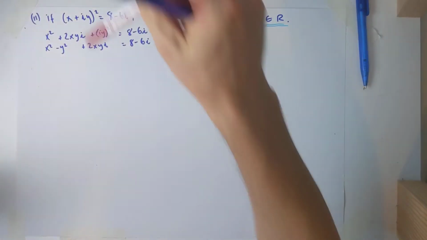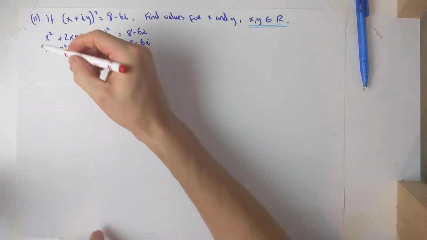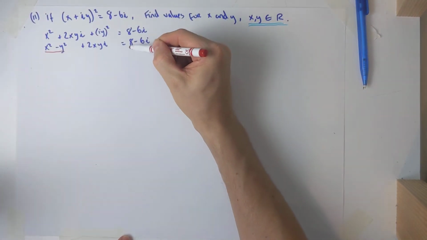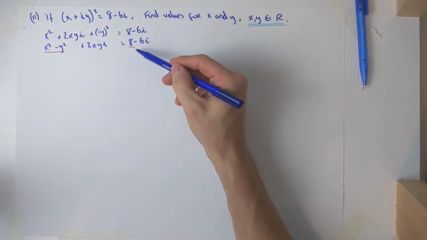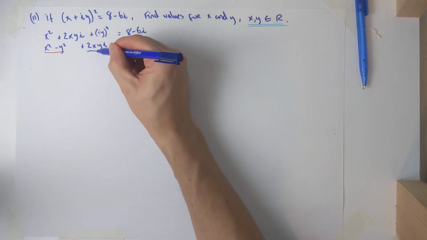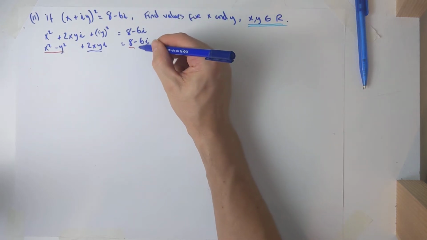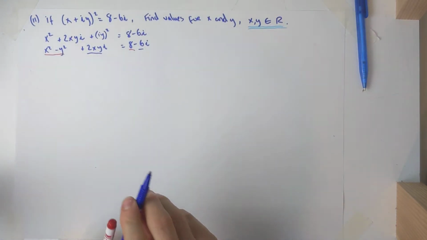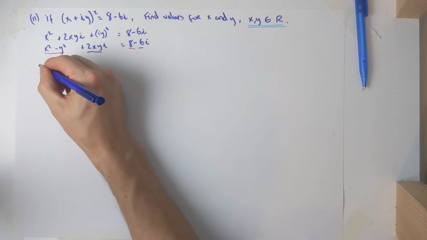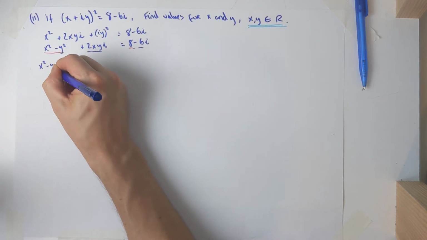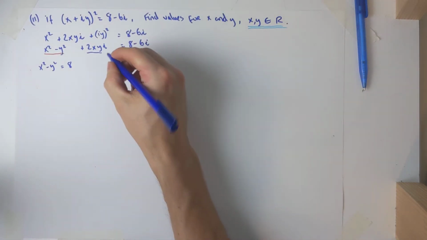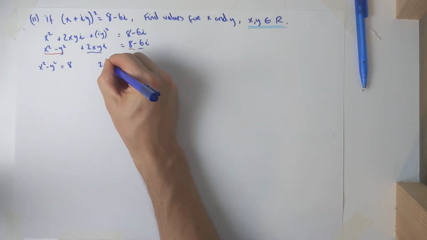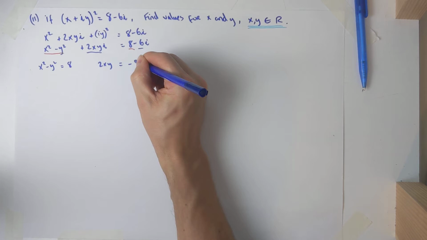And the reason you do it like that is so that you can clearly see you've got a real part, x squared minus y squared, which has to be equal to 8, and an imaginary part, 2xy, which has to be equal to minus 6. So those are two equations that you can write down. x squared minus y squared is equal to 8, and 2xy is equal to minus 6.